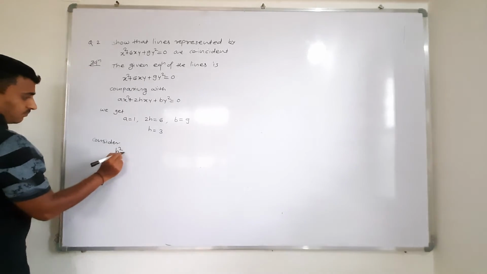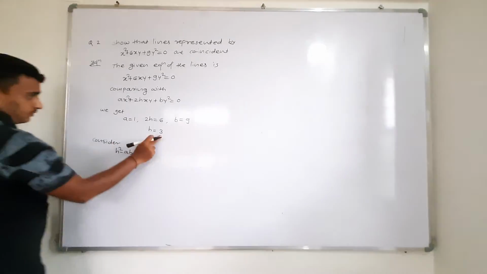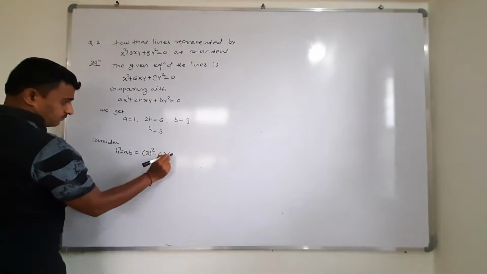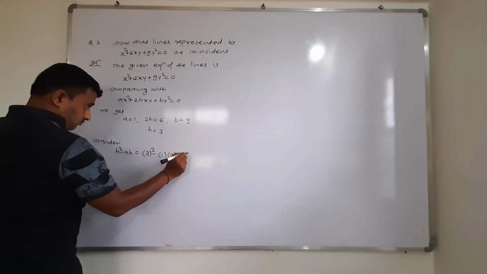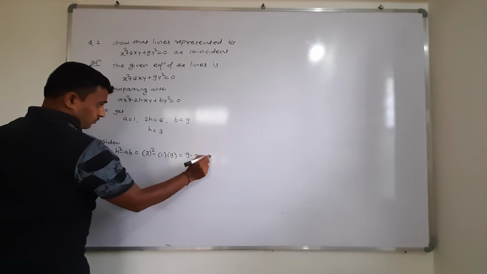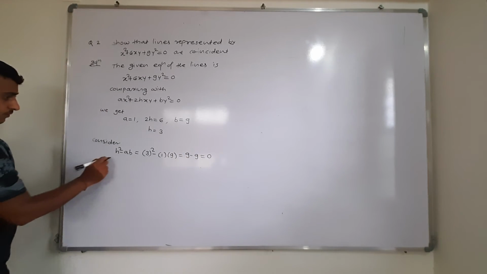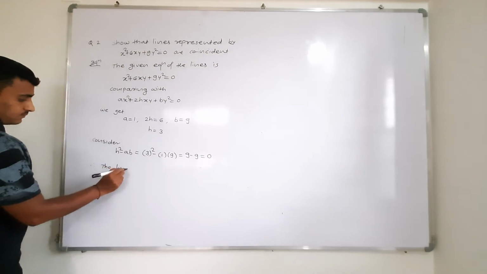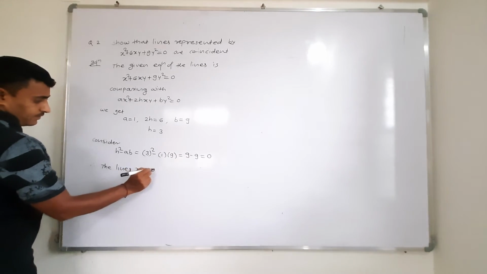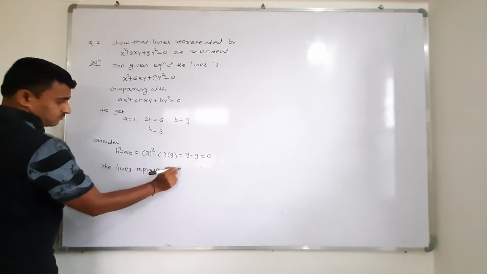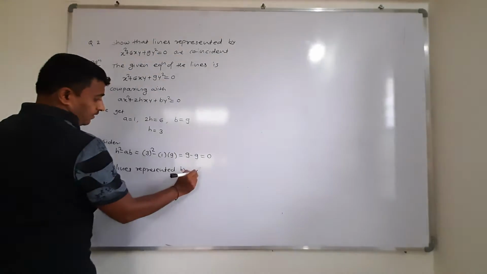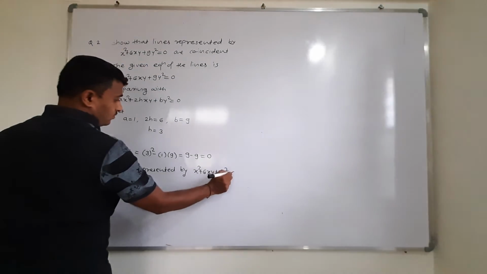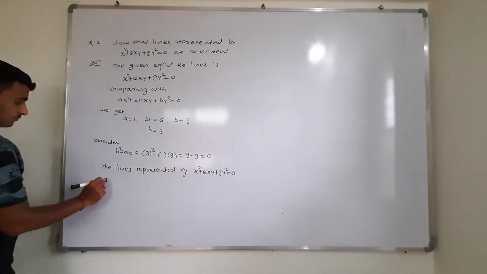Consider h square minus ab. h square is 3 square, minus a is 1, b is 9. 9 minus 9 is 0. Therefore h square minus ab is equal to 0. Conclusion: the lines represented by x square plus 6xy plus 9y square is equal to 0 are coincident.